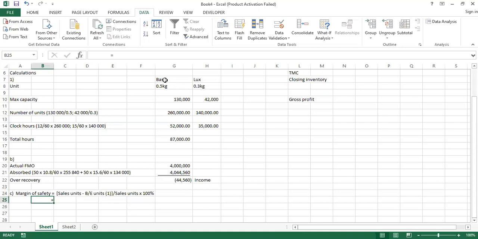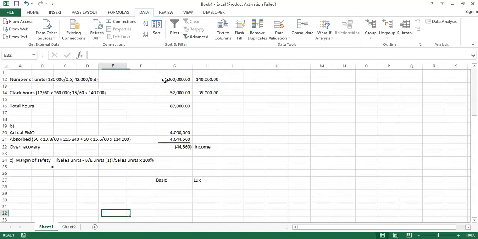All right. Since we are dealing with the 2 products, let's just maintain this here. The easier format to use, and again, if you have a better format, it's good to come up with your own format, but make sure that your formats are understandable. So I'm going to have sales units here. We're going to fetch that information from the question, and then from there we are going to need our break-even.